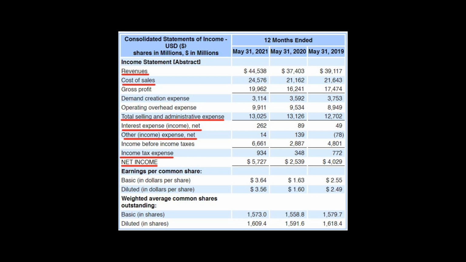Now, another one is the cost of goods. The cost of goods sold, also known as the cost of revenue, is the cost of purchasing goods, materials, or the cost of labor in manufacturing. If the company provides a service, you will generally see the cost of revenue instead of goods.